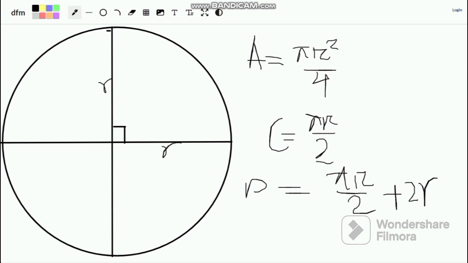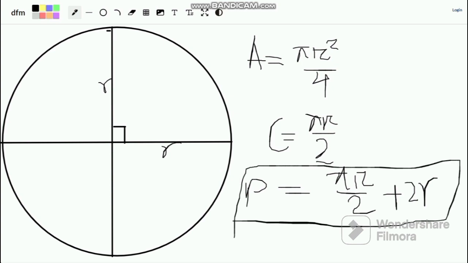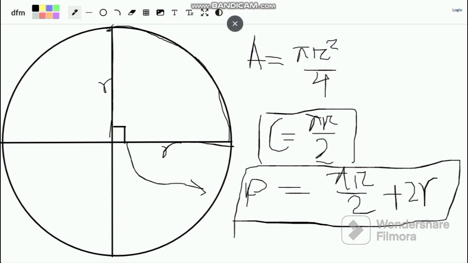Now some people may actually confuse the perimeter formula with the circumference formula, but to make this very clear, a circumference is basically this thing, this arc. It's not these two lengths. These two lengths are calculated on a different formula using the perimeter formula of the quarter circle.